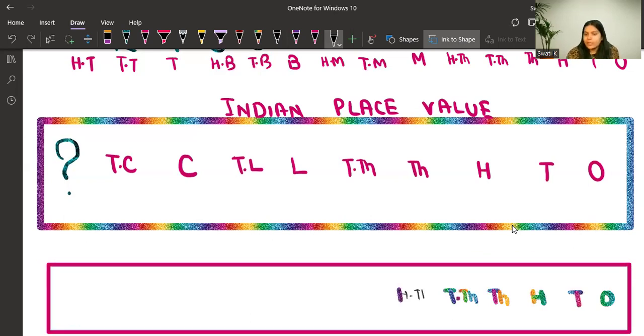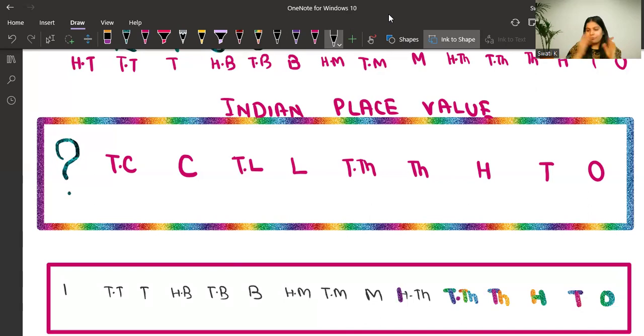And after 100,000, it will become million, then 10 million, then 100 million, then billion, then 10 billion, then 100 billion, then trillion, then 10 trillion, then 100 trillion. That is it. So this is our Indian place value system and our international place value system.